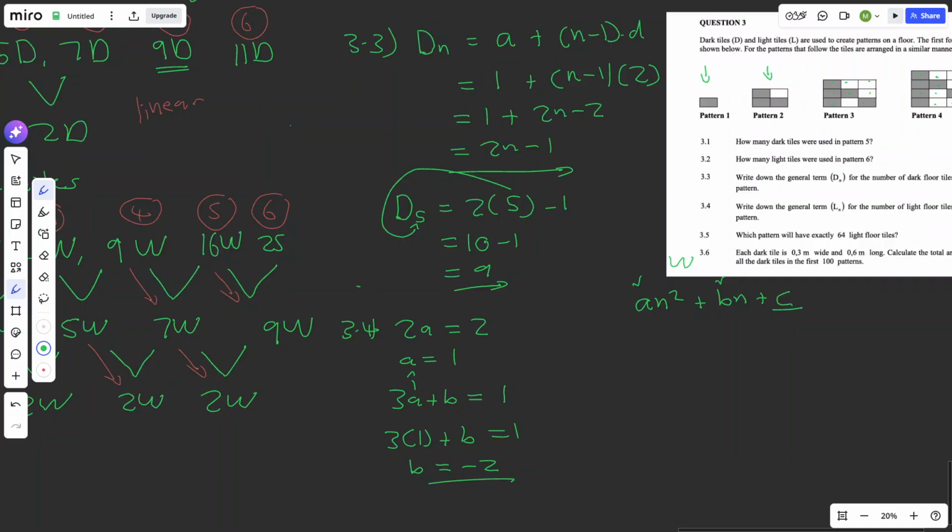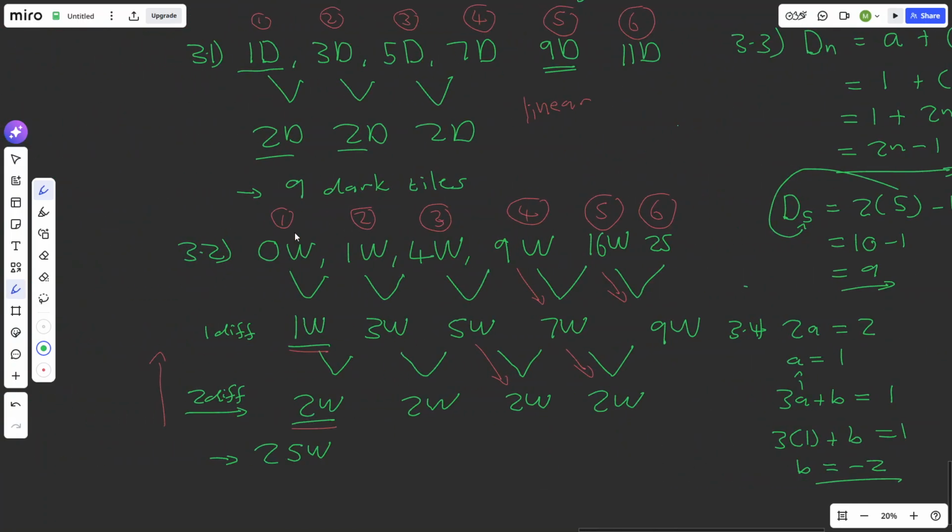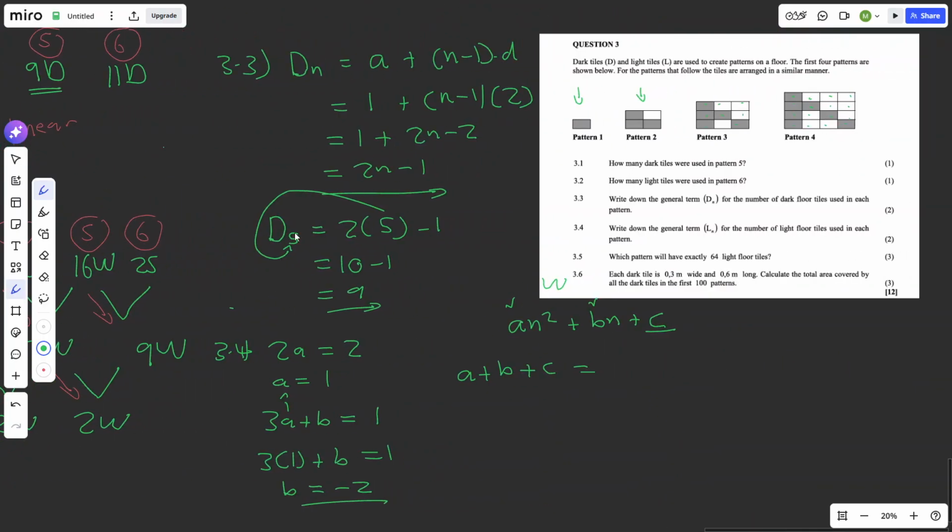So for c, we'll take a plus b plus c and then equate it to the first term of our number pattern, which is 0. So it's the same approach here. We're going from bottom to top. Firstly, we equated 2a to that, and then 3a plus b to that, and now a plus b plus c to that. So we'll put a 0 there. So a is 1, b is minus 2, and c is what we want to find.